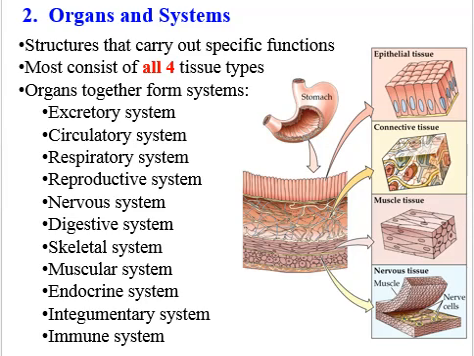What you find in one of these organs is that all four of these tissues are found in an organ. There's some type of epithelial tissue, a lot of times for absorption or secretion or the transfer of something from outside the body in. There's connective tissue that's more supporting and somewhat protective.